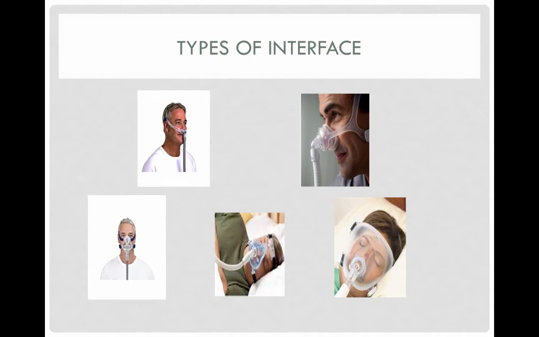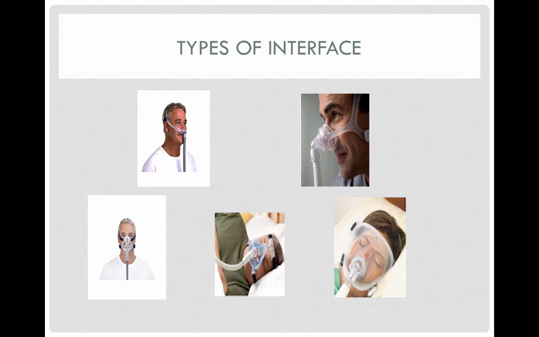These two in the lower left are considered what we call full face masks or an oral nasal interface. This is primarily the type of mask we use in the hospital because we have patients really short of breath that have been breathing through their mouth, and we get a little bit better seal and a little bit better operation of the mask if we're covering both the nose and the mouth.